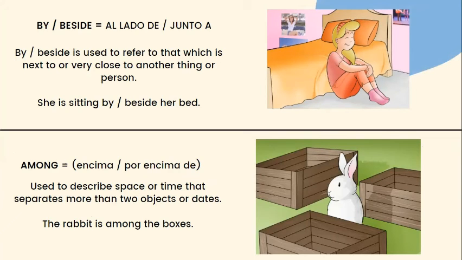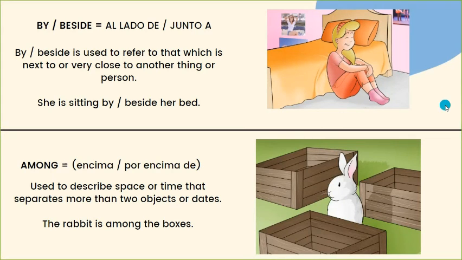By or beside is used to refer to that which is next to or very close to another thing or person. She is sitting by her bed. Among signifies entre. Used to describe a space or time that is among more than two objects. The rabbit is among the boxes.